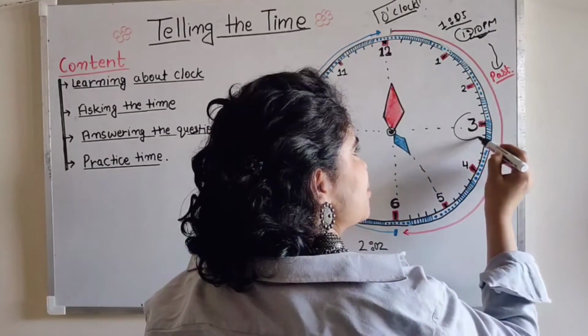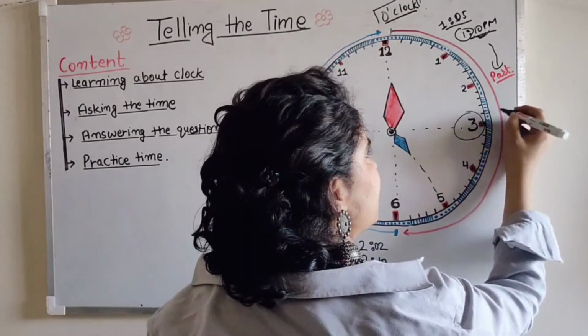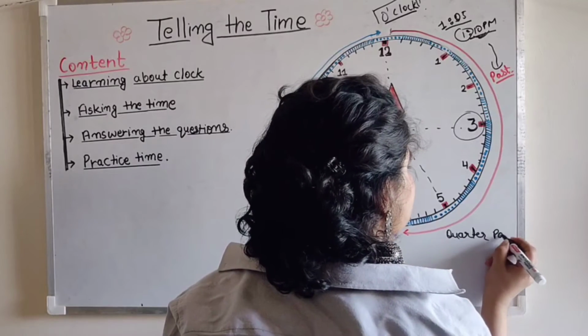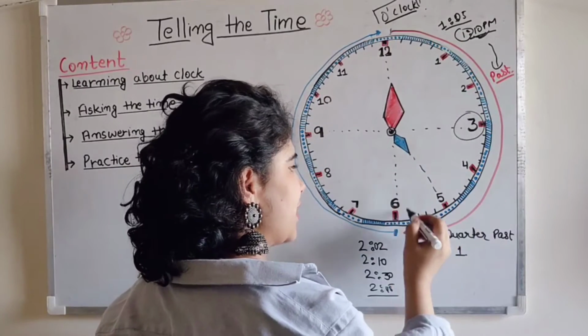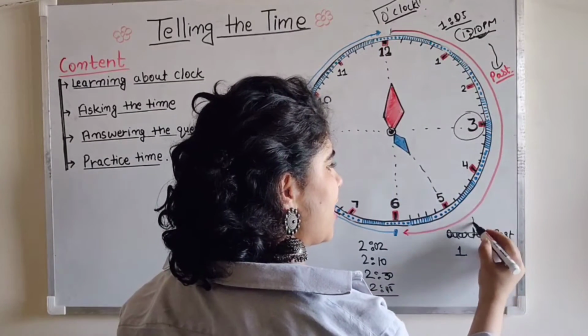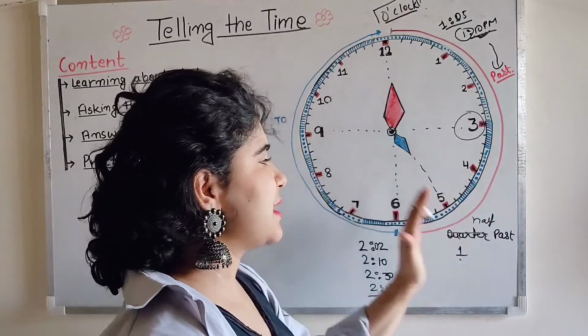But when it comes to 15, we will say quarter past 1. And when it comes to here, basically it is making half, we will say half past 1. I hope we are clear with this half content.